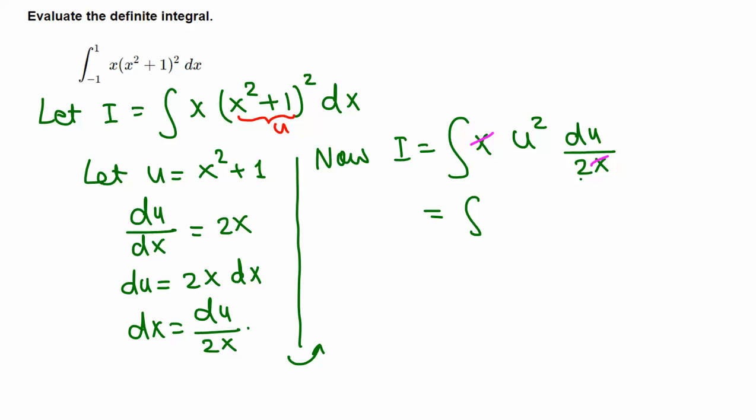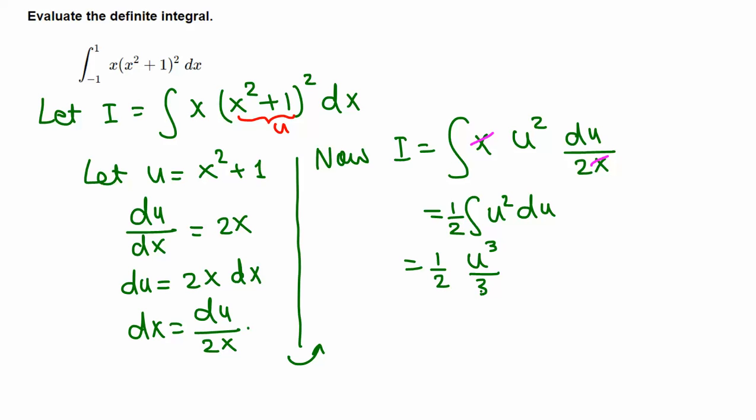This is a constant and we can always pull the constants outside, so that means 1/2 outside. Now we have u squared du, and the antiderivative of u squared, using the power rule, is u to the 2 plus 1, 3, divided by 3, plus c, which is not needed in our case because eventually we're going to use these limits, so plus c is not needed.